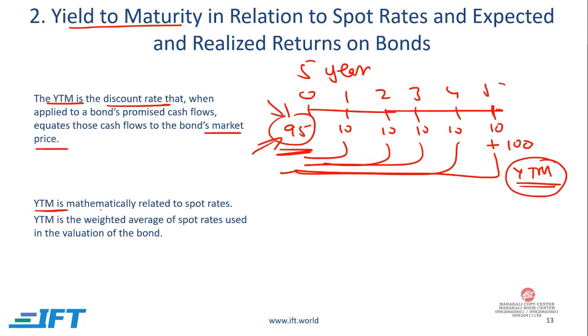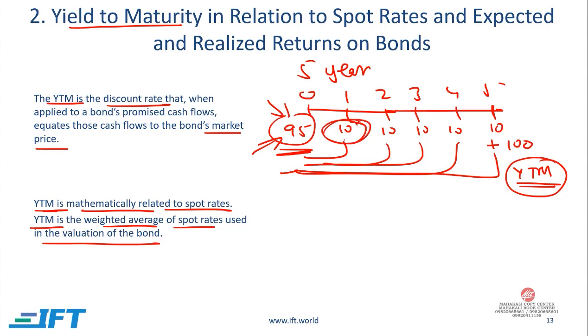The YTM is mathematically related to spot rates. The relationship is that the YTM is the weighted average of the spot rates used in the valuation of the bond.